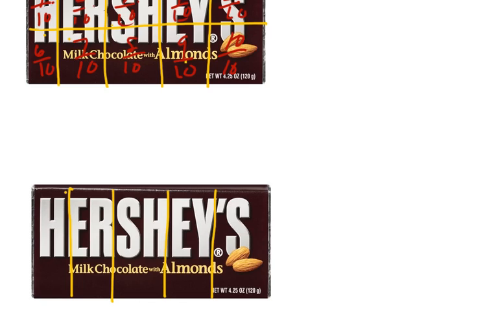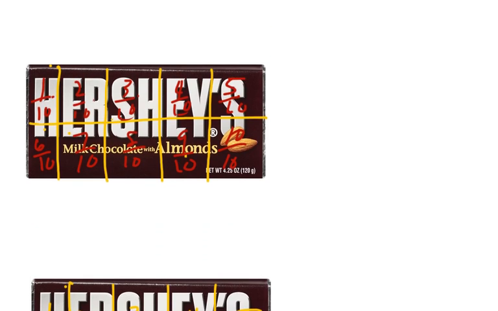Instead of sharing with 10 people, I share with 5 people. 1/5, 2/5, 3/5, 4/5, and 5/5. And like I said, we're going to be looking at a lot of examples of this in class.